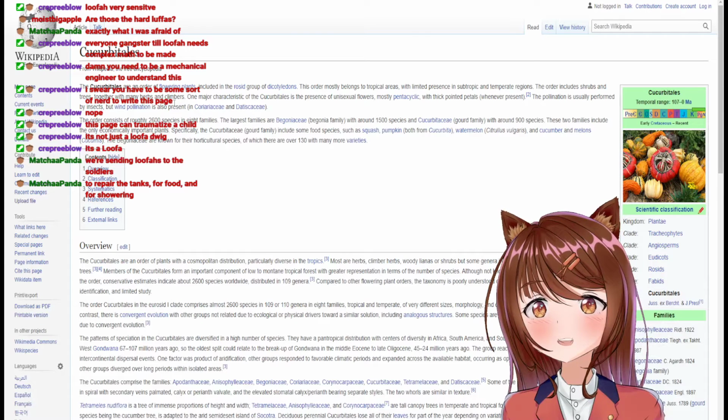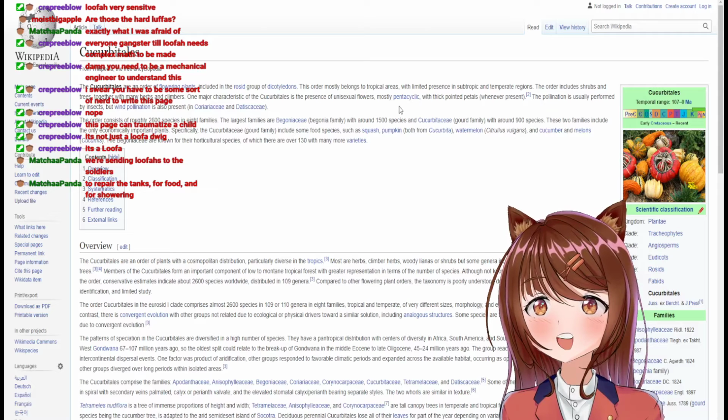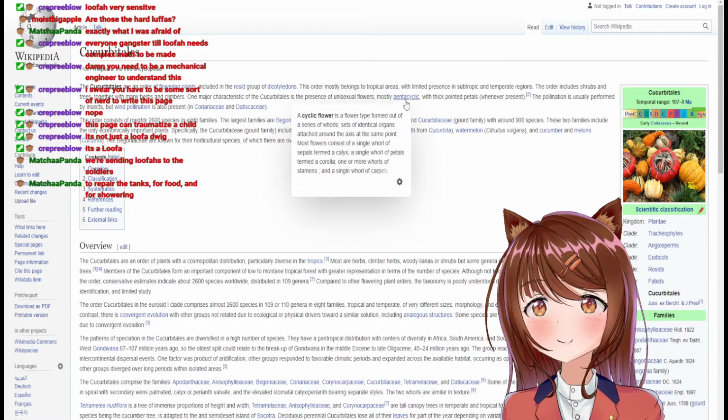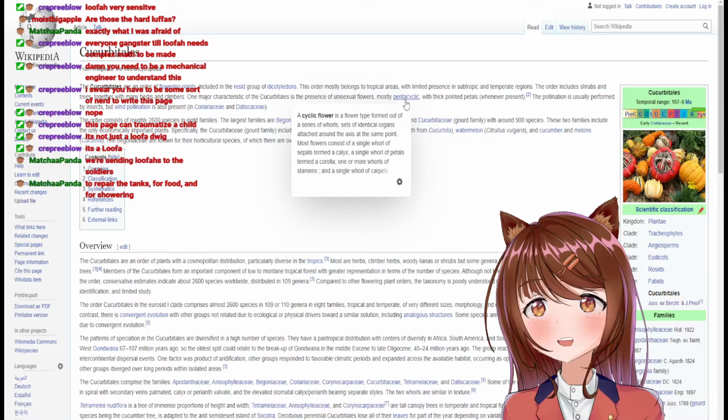Includes shrubs, trees, together with many herbs and climbers. One major characteristic of the Cucurbitales is the presence of unisexual flowers, mostly pentacyclic. A cyclic flower is a type of flower formed out of a series of whorls, sets of identical organs attached around the axis at the same point.